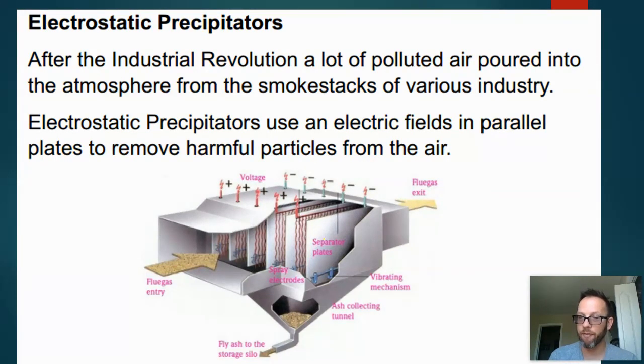And because they have a negative charge, they stick onto the parallel plates. When you vibrate these plates, the ash that's collected can be stored and disposed of, and it doesn't go into the air. So that's a simplified explanation of how precipitators work.